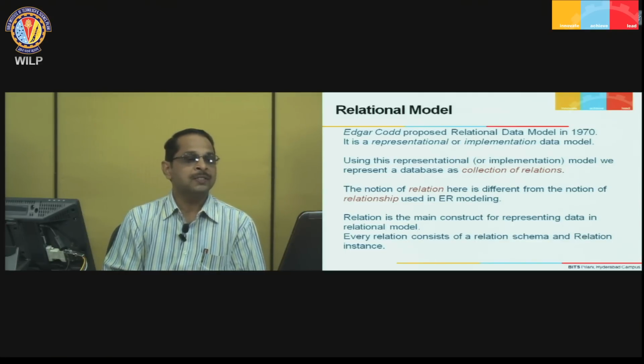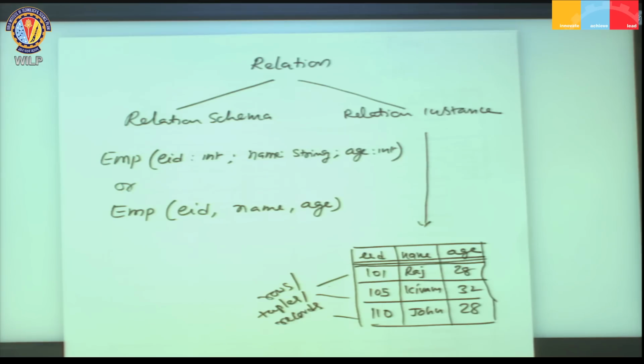Every relation consists of a relation schema and a relation instance. The relation schema can be represented like this: Employee is the name of the relation, and these are the attributes or fields of the relation.